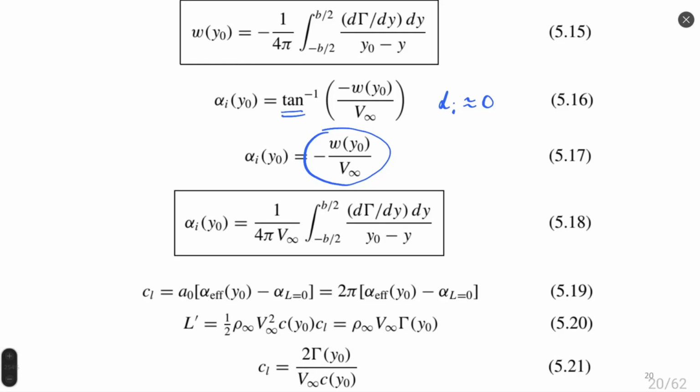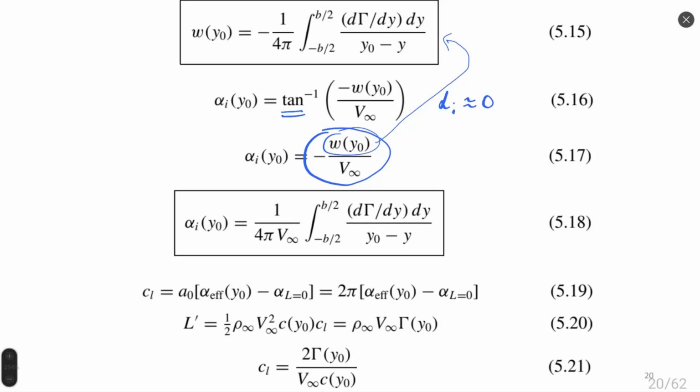Downwash velocity in equation 17 is taken from equation 15. So this value here is taken from this equation. And once we substitute equation 15 inside equation 17, we will obtain equation 18, giving a function to calculate induced angle of attack for a wing.